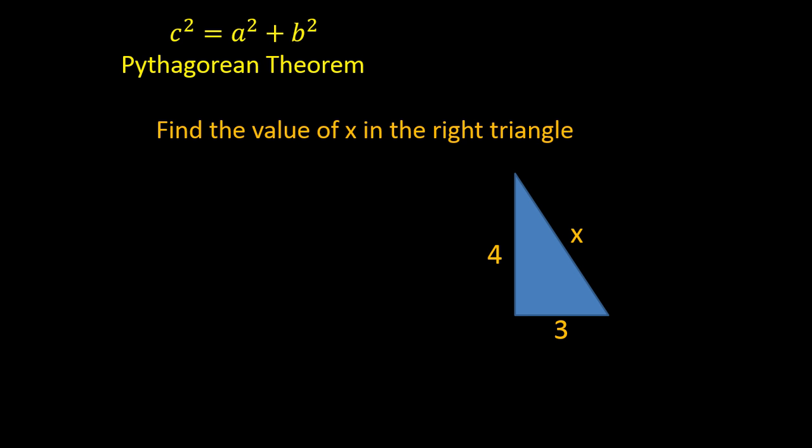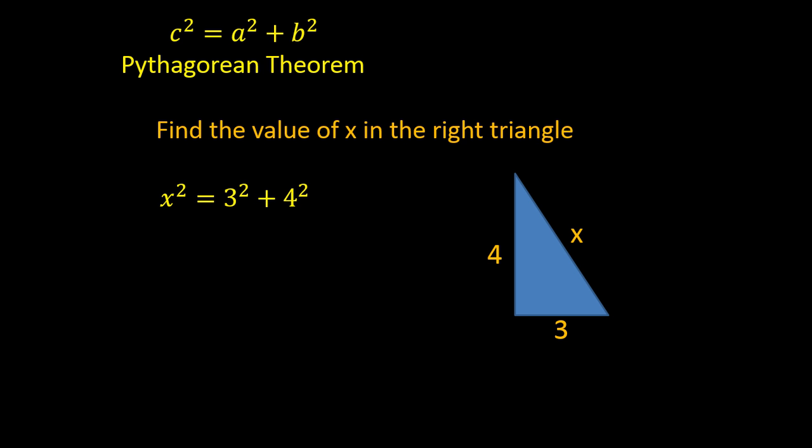We can use that to find the length of one of those missing sides if we know the lengths of the other two. So suppose we have a right triangle that has legs that measure 3 units and 4 units and a hypotenuse that measures x units, and we want to find the value of x.